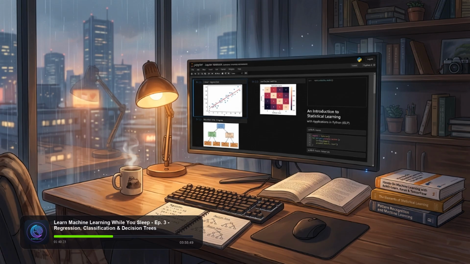Geometrically, setting the decision threshold to a probability of 0.5 corresponds to finding the region where the linear combination x beta equals exactly 0. The equation x beta equals 0 defines a linear decision boundary, a straight line in two-dimensional feature space, a flat plane in three-dimensional space, or a linear hyperplane in high-dimensional space.